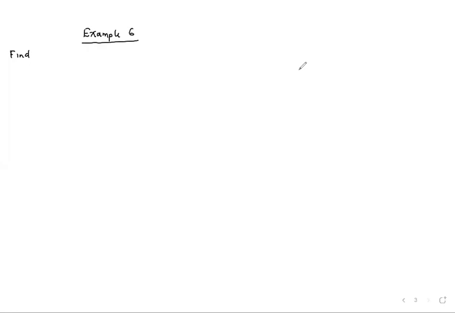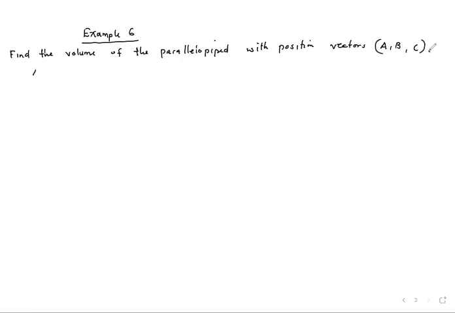Then find the volume of the parallelepiped with position vectors A, B, C. That is A is equal to (1, 2, 3).